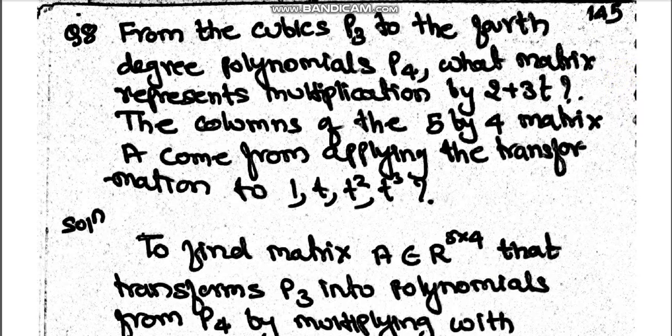One more problem that has been asked here is the transformation from cubics P3 to fourth degree polynomials P4. What matrix represents 2 plus 3t? It is a 5 by 4 matrix, that is 5 rows and 4 columns, and matrix A comes from applying the transformation.